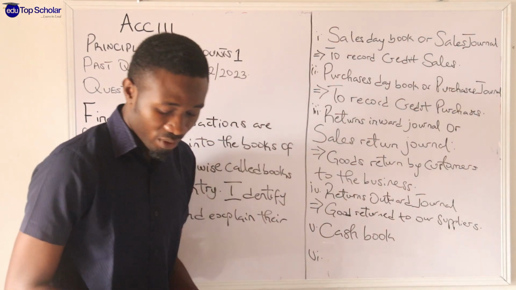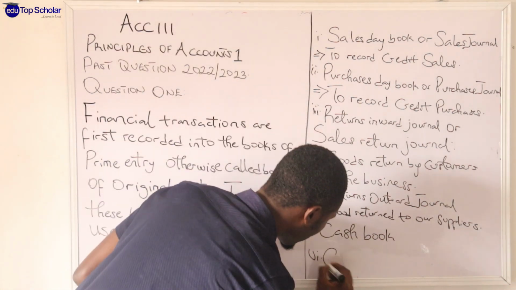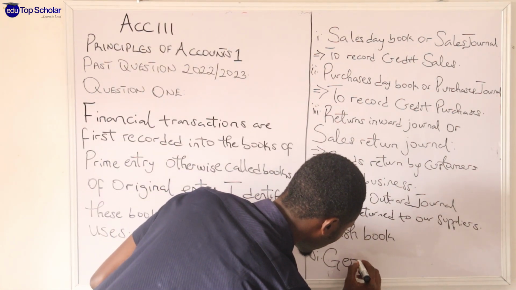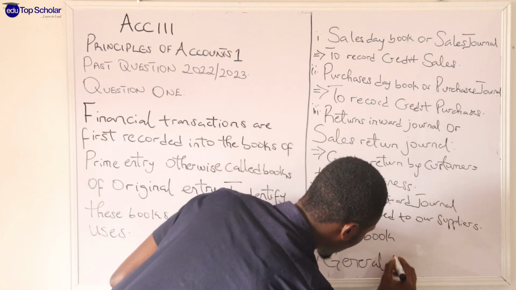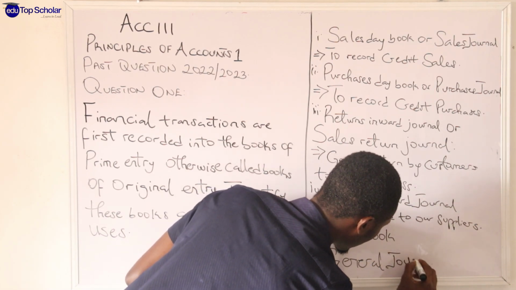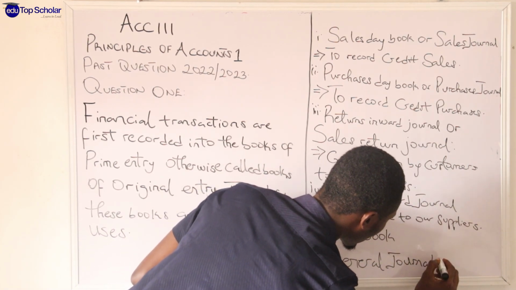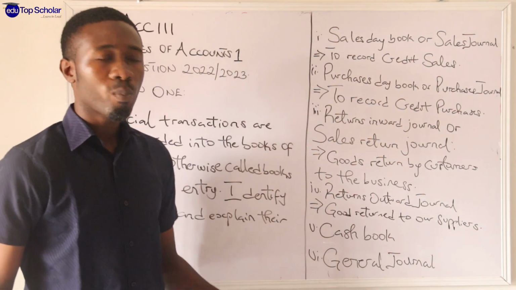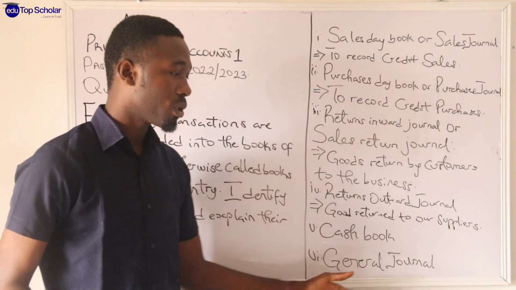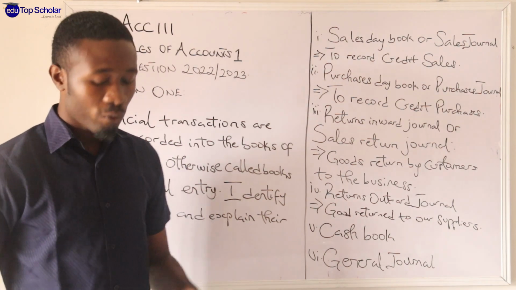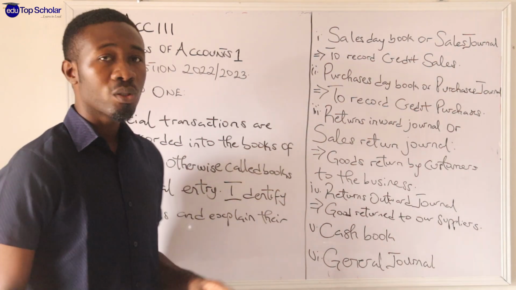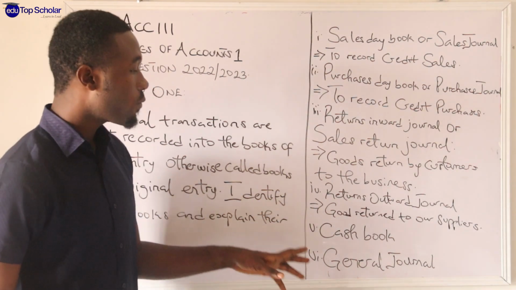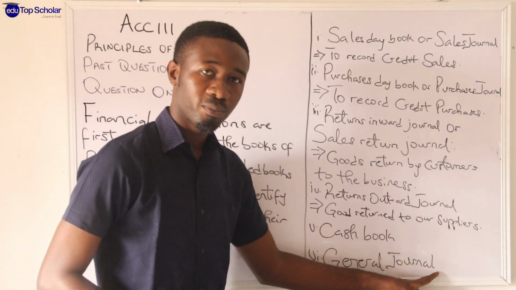Then the last one, or the 6th one, is the general journal. The general journal can be called the journal proper or the general journal, and it has so many functions, but part of the functions is that it is used for correction of errors.